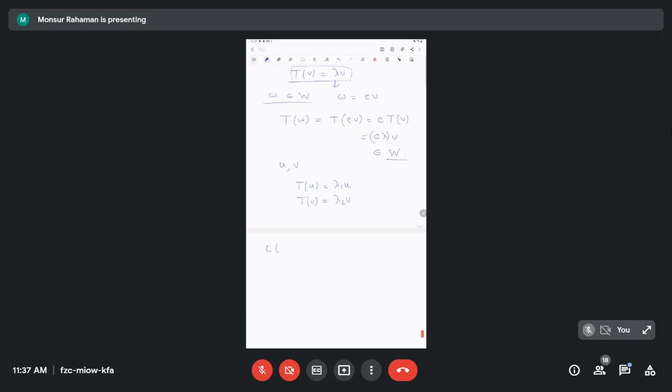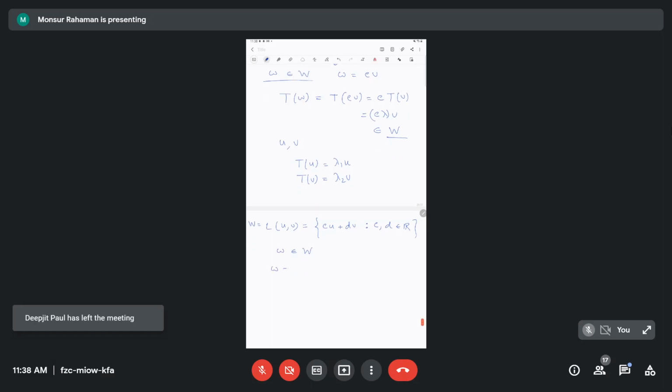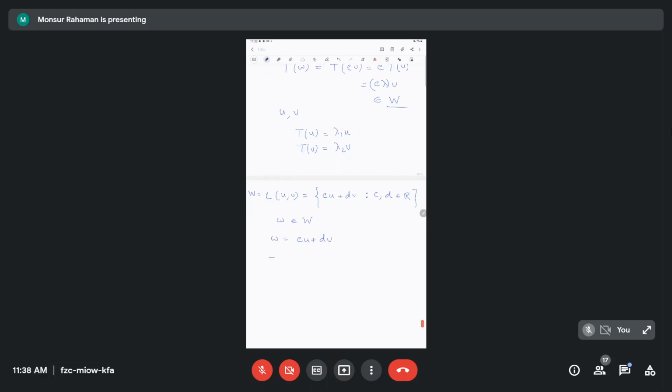Okay, so now if you take this vector space generated from u and v, this is cu plus dv for some c, d in R. If you call it W, any element of W can be written as cu plus dv. Okay, so if you apply T to w, इसमें T(cu plus dv), and by the definition of linear transformation, this will be written as T(cu) plus T(dv).